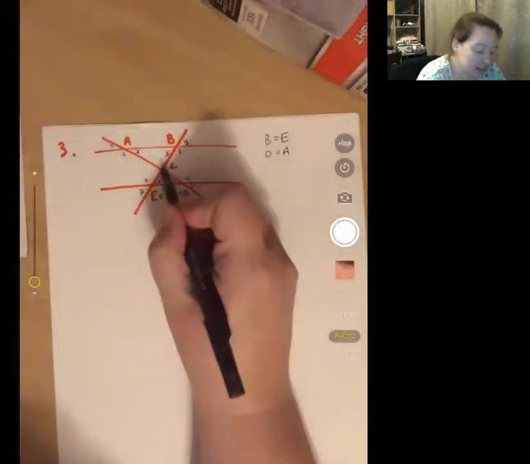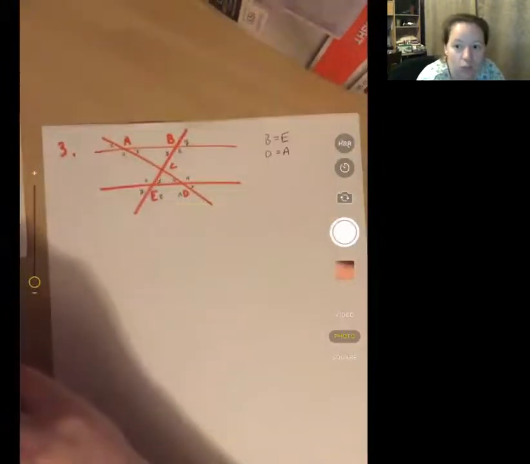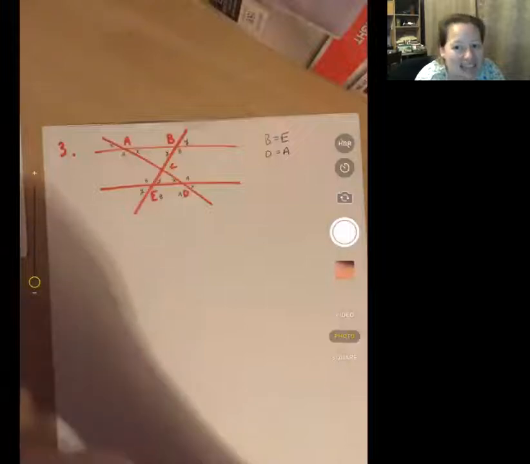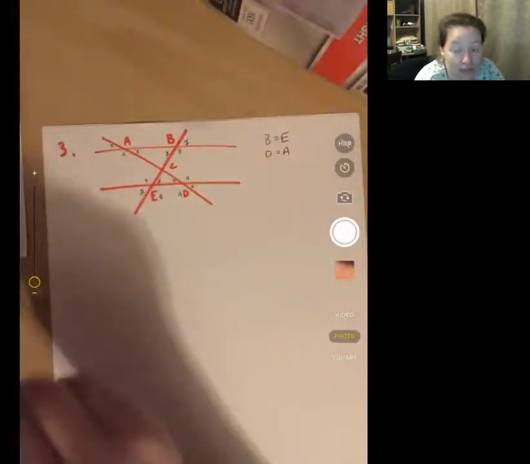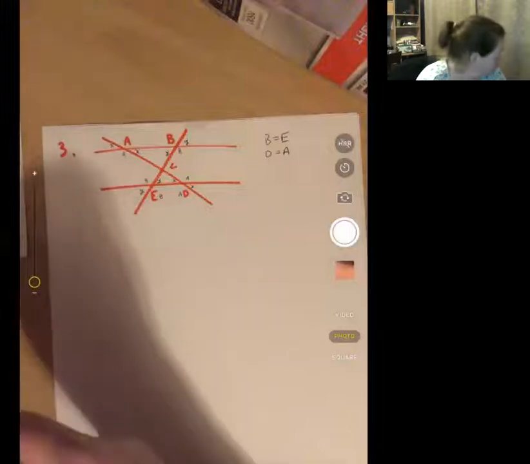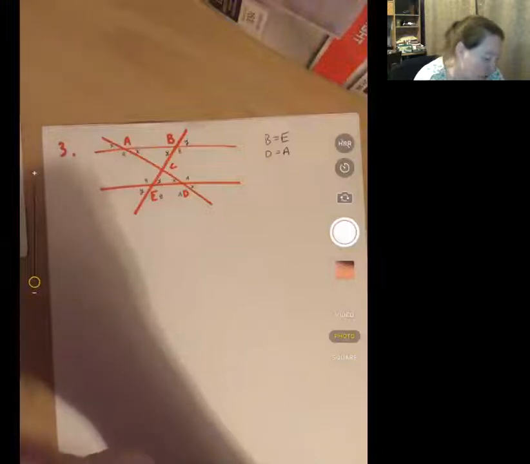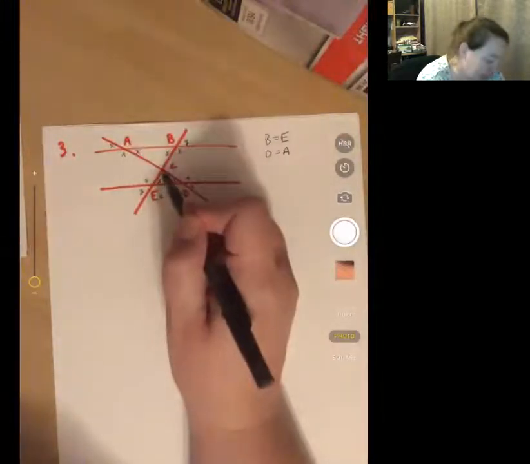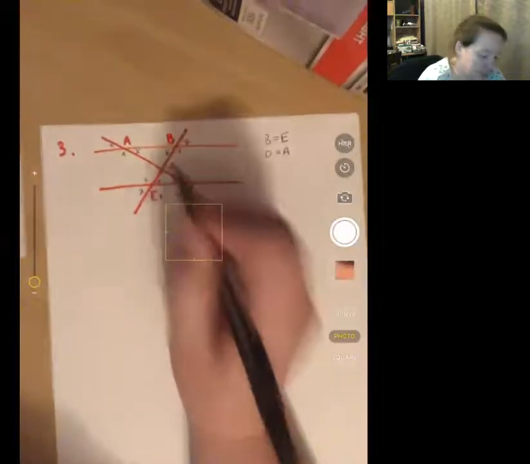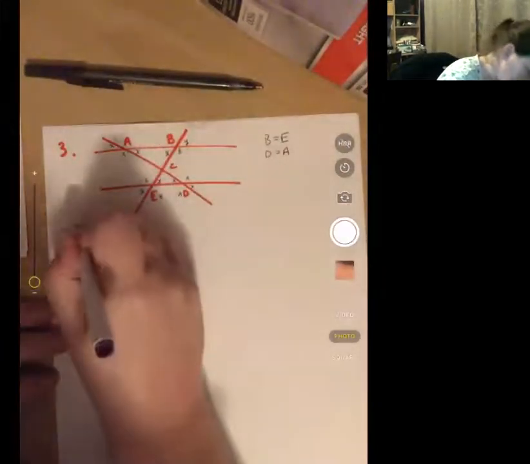Whatever angle that is that's going on there with the C that I don't know about, I don't have any rules for it, it has to be the same angle on both sides. So what we know is that angle BAC and EDC are congruent.